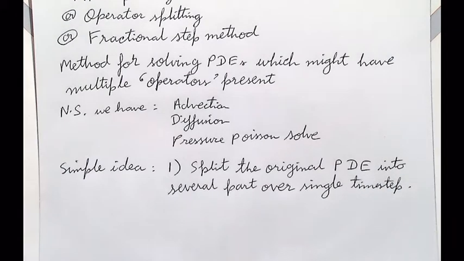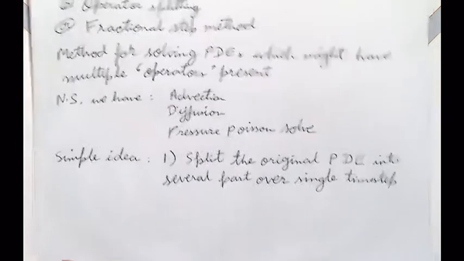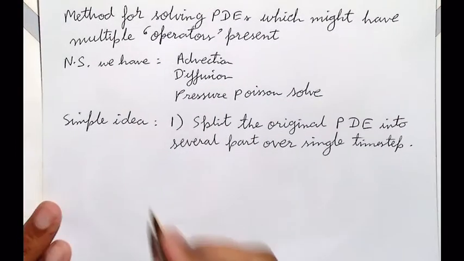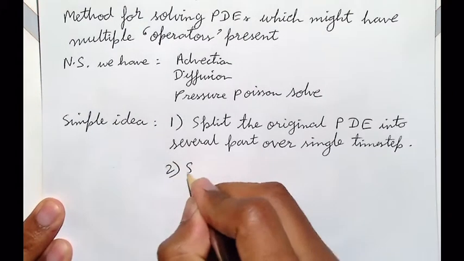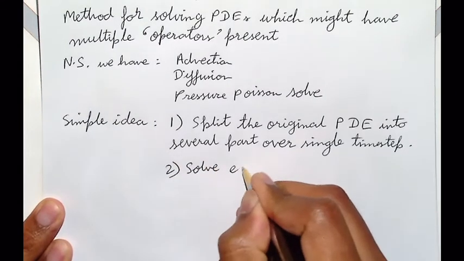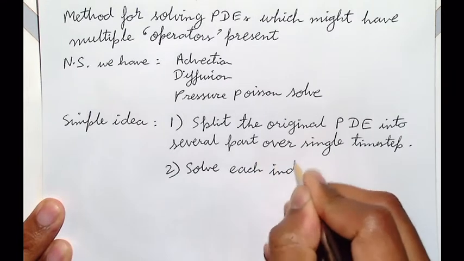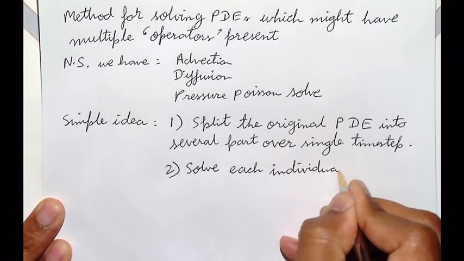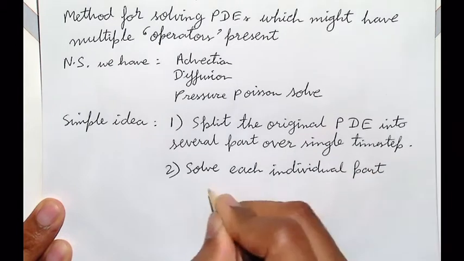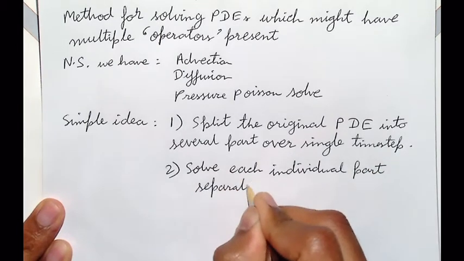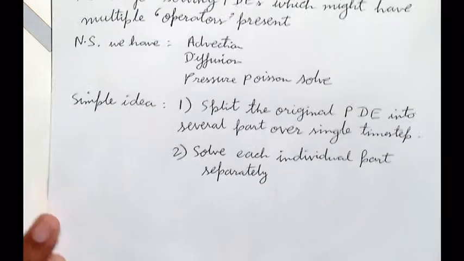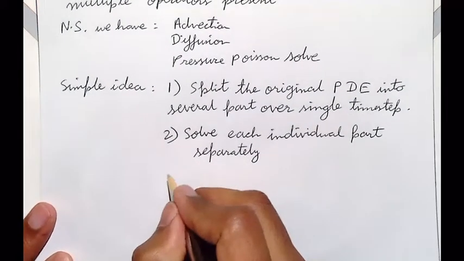Meaning, when you want to go from step n to n plus 1, you treat your full PDE as several subparts. Okay. Fine, you split it, and then you solve each individual part separately. And finally, you combine all of these individual solutions.